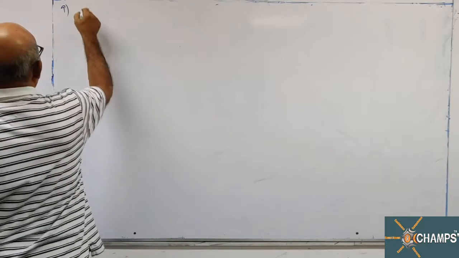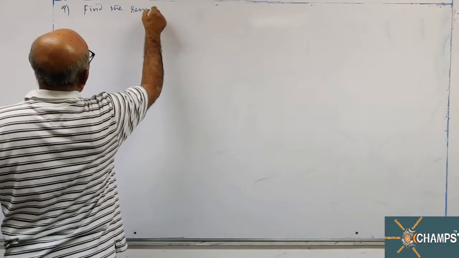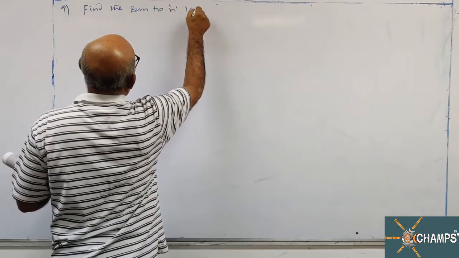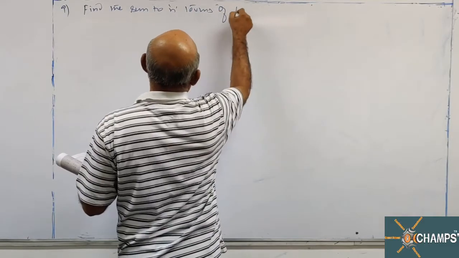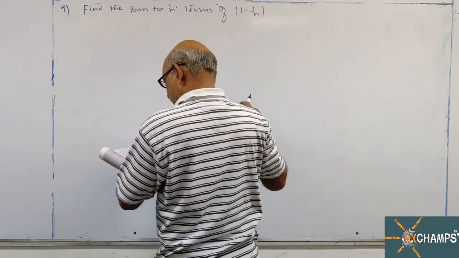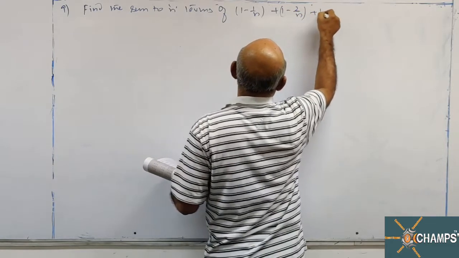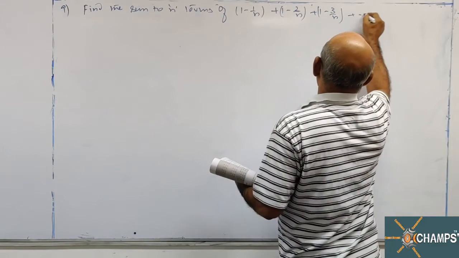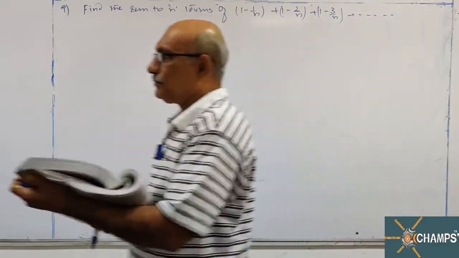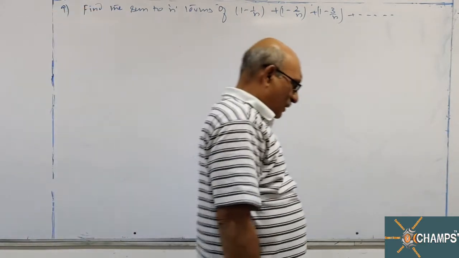Find the sum to n terms of 1 minus 1 by n plus 1 minus 2 by n, 1 minus 3 by n plus etc. This is my question.